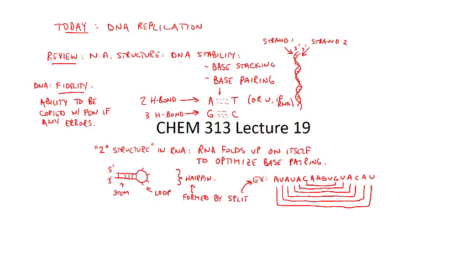And we said that while DNA stability is partially due to base pairing, although base stacking is actually a bigger factor, we said that the real importance of base pairing is in fidelity. Fidelity of DNA is due almost entirely to base pairing. And we're going to see how and why that is right now when we talk about DNA replication.